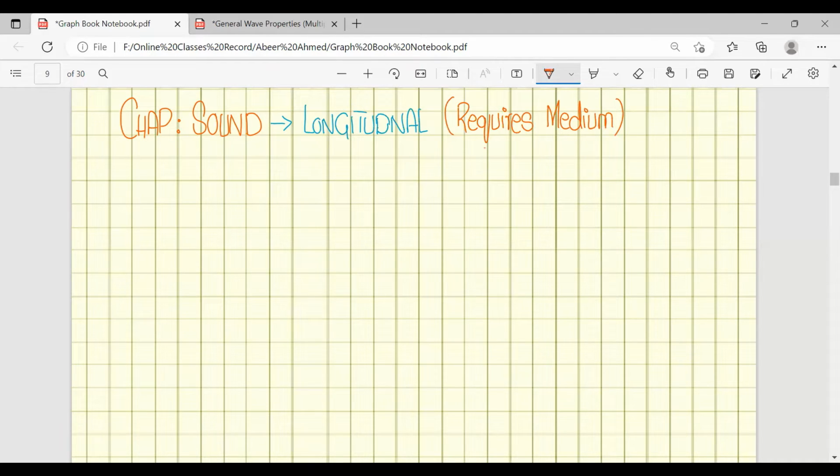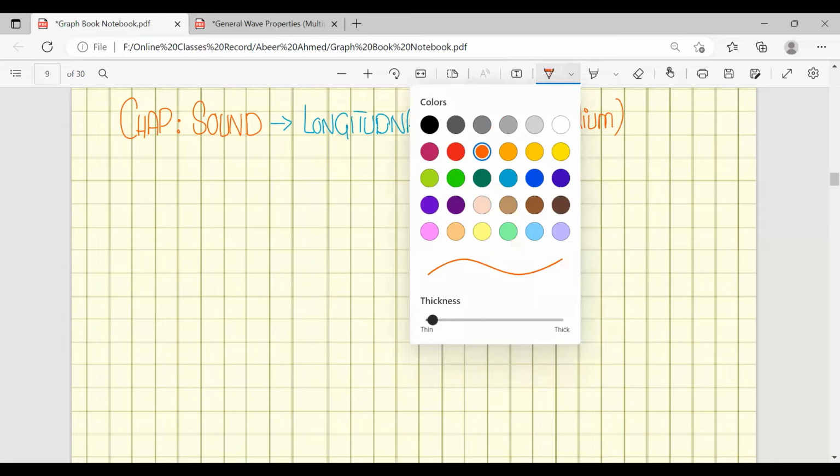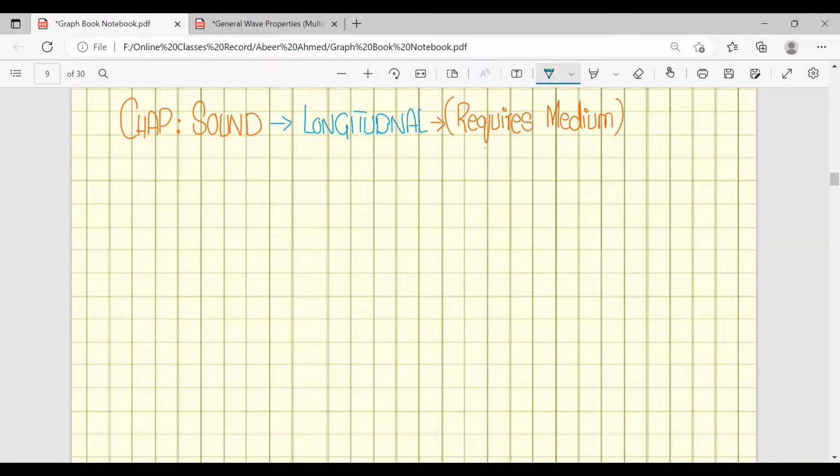So these are two basic phenomena related to sound. And what are the other properties? Anything about sound? If we want to discuss the speed of sound, or the processes that happen in sound waves, we discussed in the previous chapter that there are two types of process in a longitudinal wave. Do you remember?